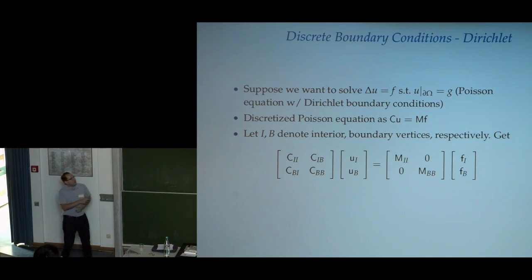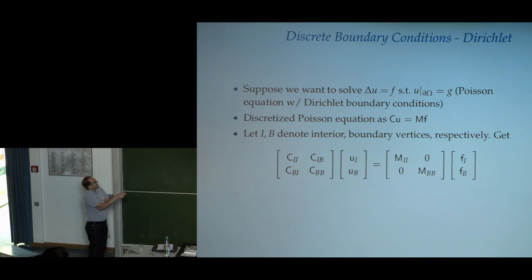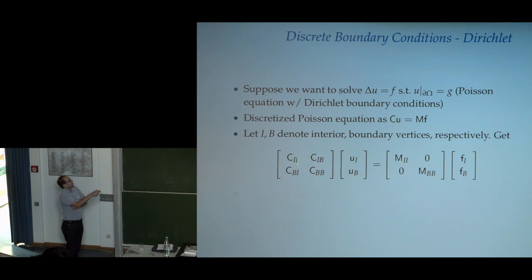So these values UB you already know. These things you're not allowed to change. The only values you're allowed to change are the values UI. So what you can do is you can go ahead and plug in the values you know for UB, and then you can rearrange this matrix so you're only solving for the part that you don't know, the UI.